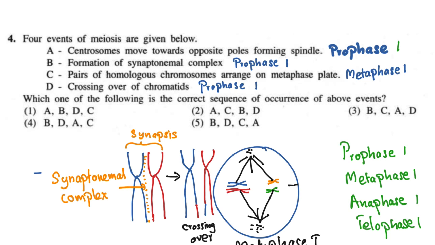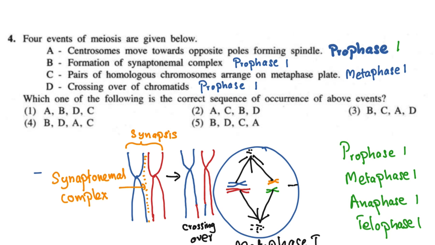And we have 3 options in prophase 1 and only 1 in metaphase 1, that is C. So now we know that C is the last event out of these 4, that is in metaphase 1.